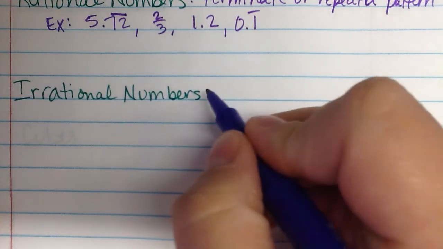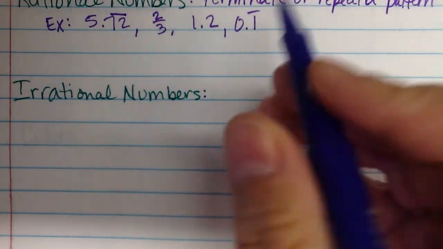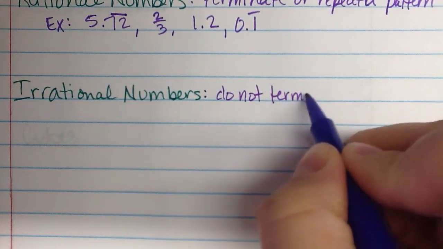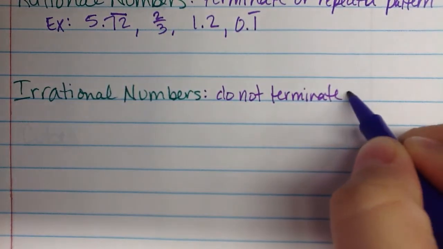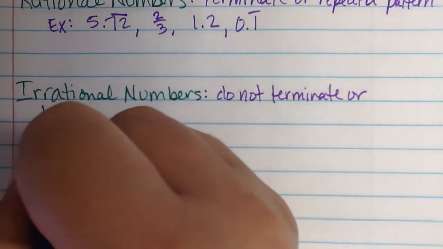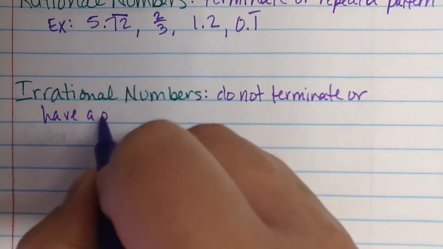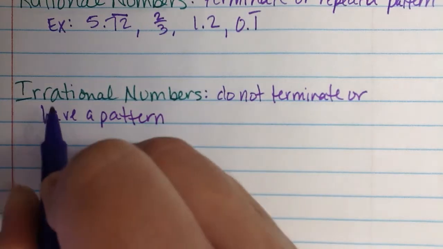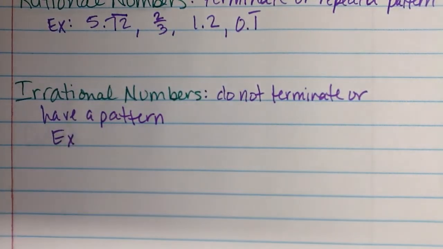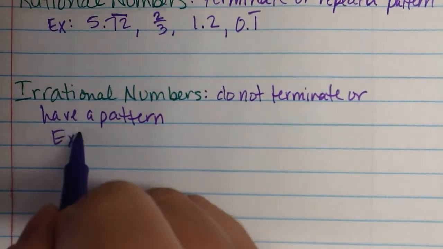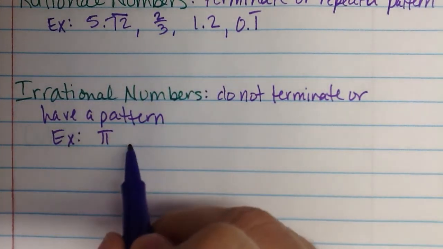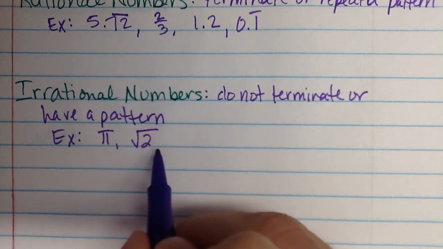Irrational numbers are numbers that do not terminate or have a pattern. So some examples would be pi, the square root of 2.